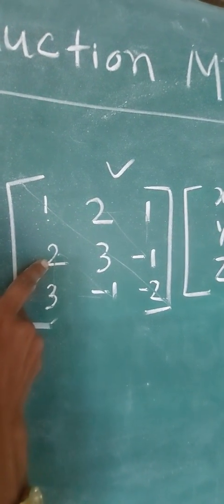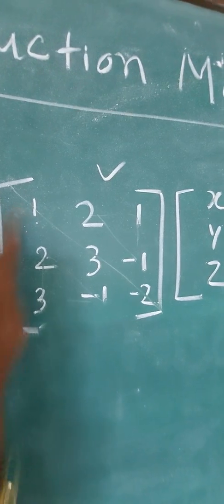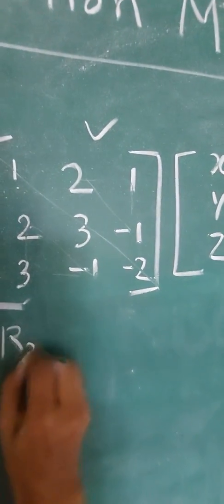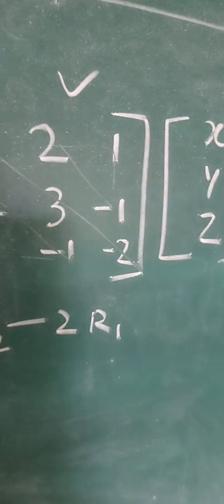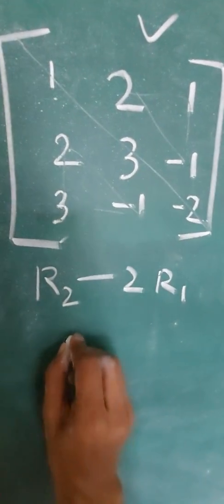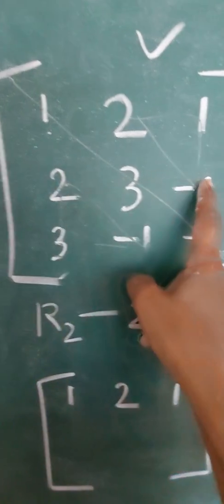For making 2 into 0, 2 minus 1 into 2 is 0. So, we are doing R2 minus 2R1. That is, first row no change. We are going to change this second row, that is, here also the second row.